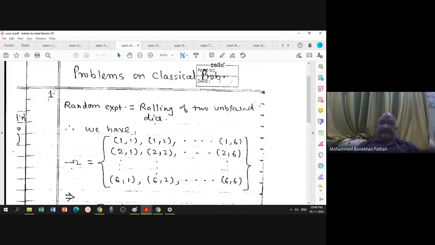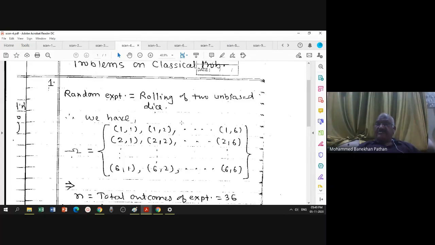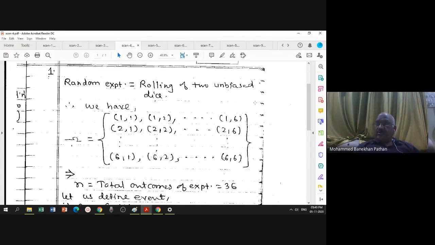Example 1. Start with the random experiment: rolling of 2 unbiased dice. In chapter number 1, I told you, if you throw 2 dice, the sample space has 36 elements. So for this random experiment, I can write sample space omega equals the curly bracket (1,1), (1,2), dash, dash, (1,6).